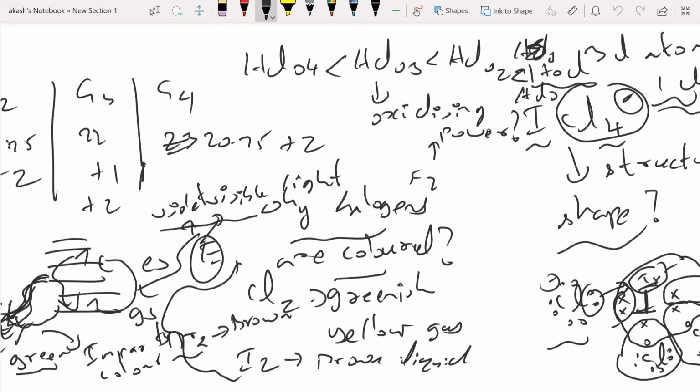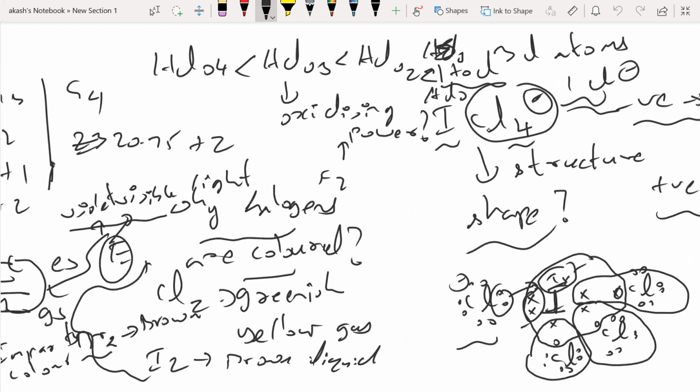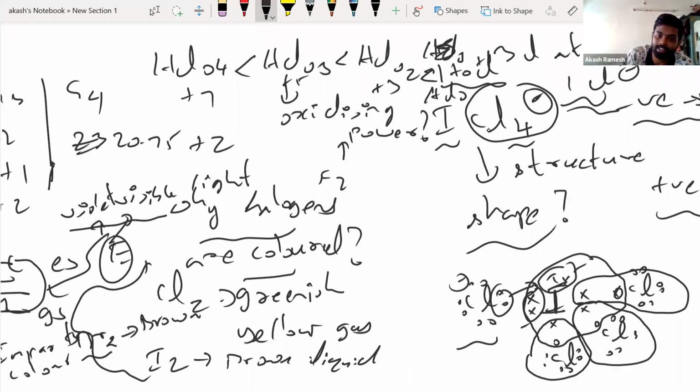The oxidation states are 7, 5, 3, and 1. Because HClO has the lowest oxidation state, it has a higher tendency to get oxidized, sir. Absolutely true. Very good. So it's very simple, right?